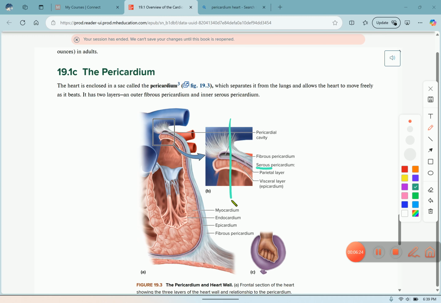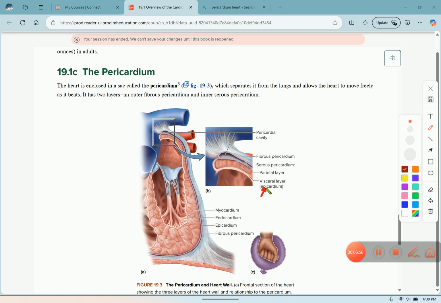Now as we work our way down, working from superior to inferior, the next layer that you're going to come to is called the epicardium. So far we have the pericardium, the outsidemost layer, and then the epicardium. Epi means upon or on top of.